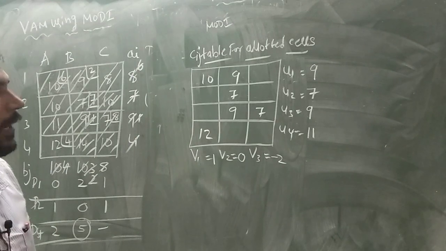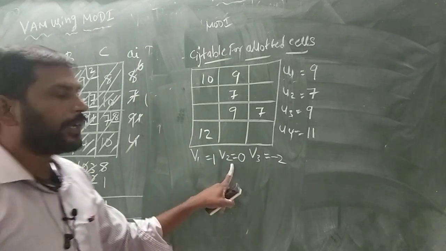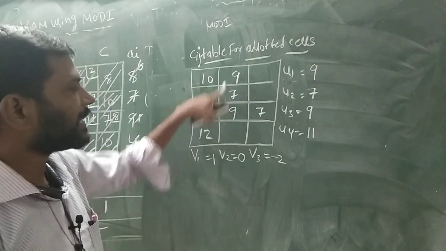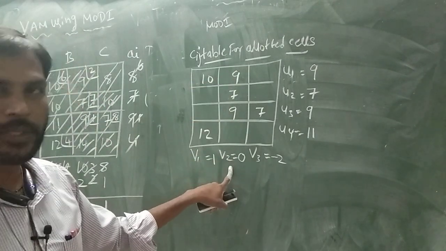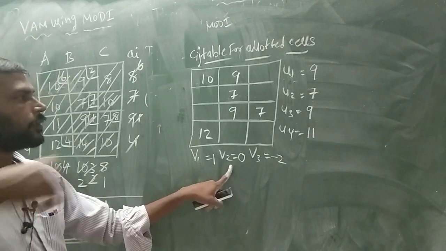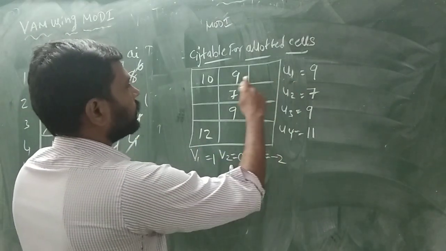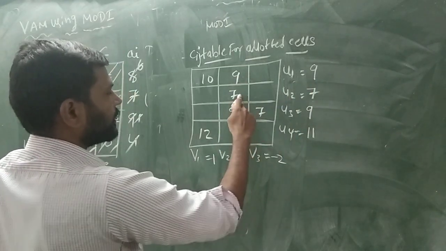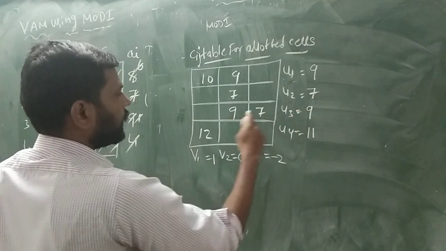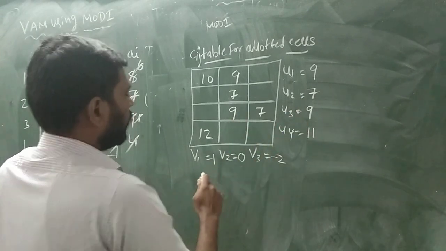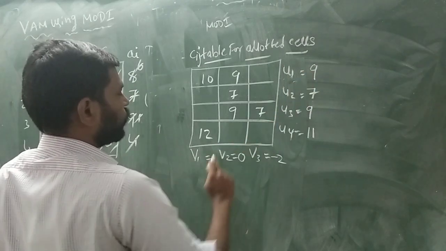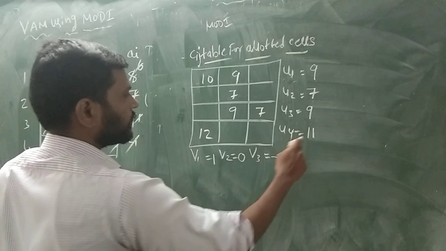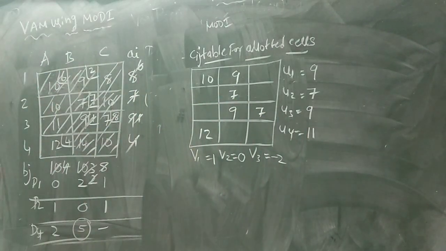Before finding the values I put 0 for V2, because in V2 there are 3 values, the maximum. After putting V2 equal to 0, U1 is 9, 9 minus 0 is 9, and U2 7, 7 minus 0 is 7, and U3 9 minus 0 is 9, and V1 10 minus 9 is 1 and V3 7 minus 9 is minus 2 and U4 12 minus 1 is 11.